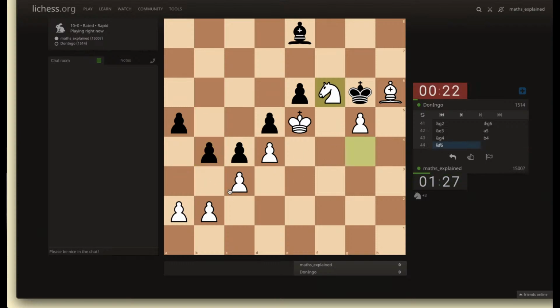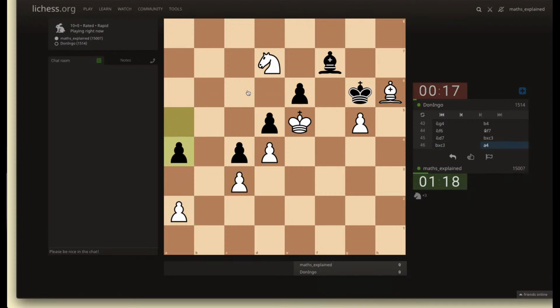Oh no, is he going to get a queen? If he gets a pawn to the end of the board, it becomes a queen. But I can take that, right? Yes. I'm going to win on time.